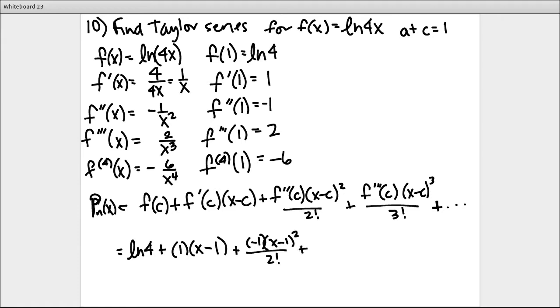And then the third derivative at 1 was a 2 times x minus 1 cubed over 3 factorial. And then the next one would be negative 6 times x minus 1 to the 4th over 4 factorial. Okay, and it keeps on going like that.